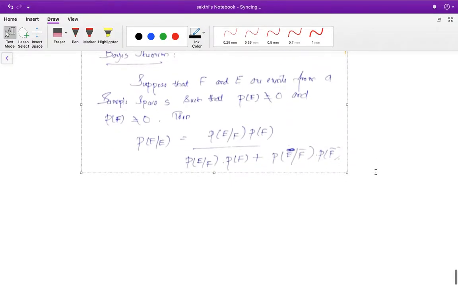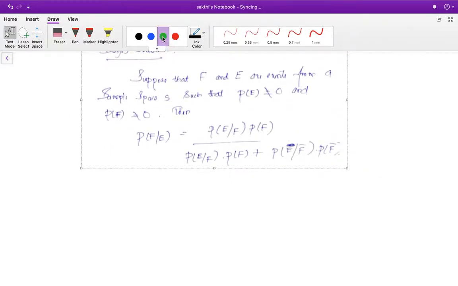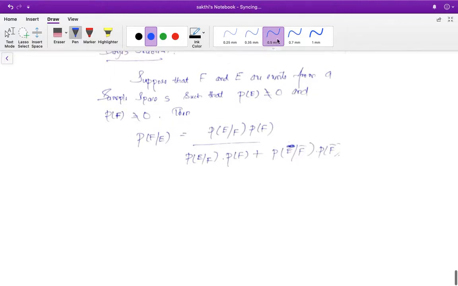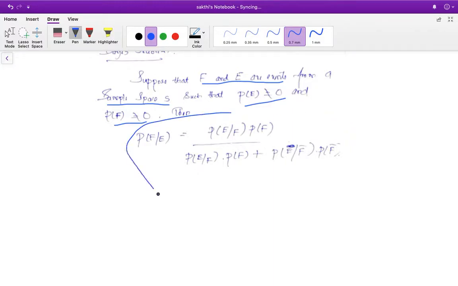So suppose F and E are two events from the same sample space. They should have the same sample space, and we also know that P of E is not equal to 0 and P of F is not equal to 0. Then it says that P of F given E is nothing but this formula.